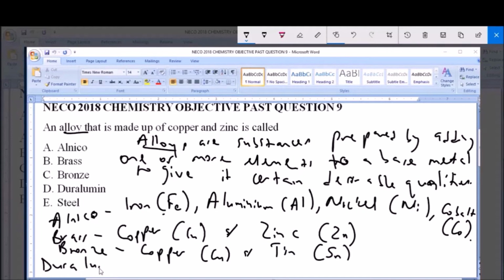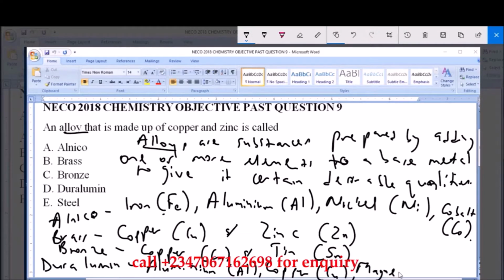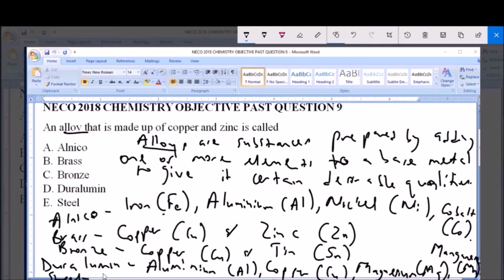Duralumin is made up of aluminium, copper, magnesium, and manganese. And then steel is made up of iron and carbon. So these are the various constituents of each alloy given to us in the options.